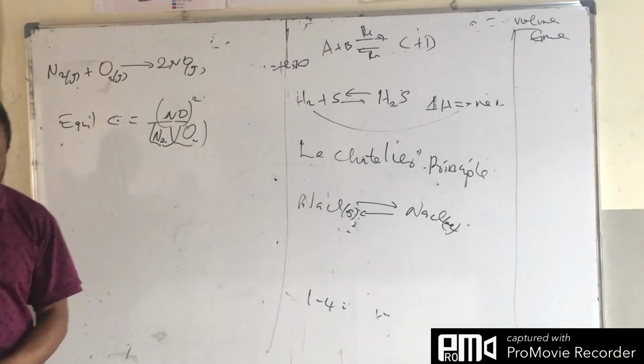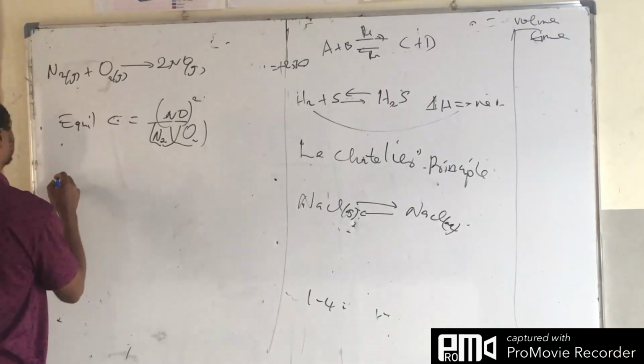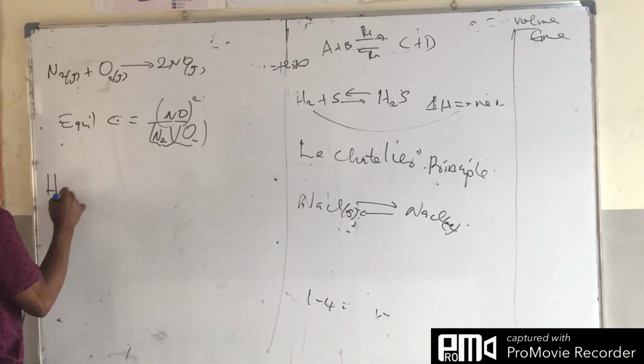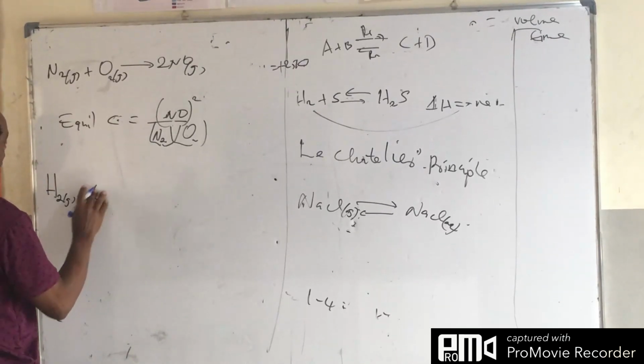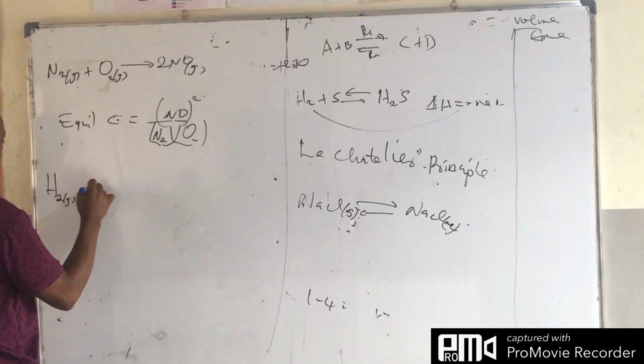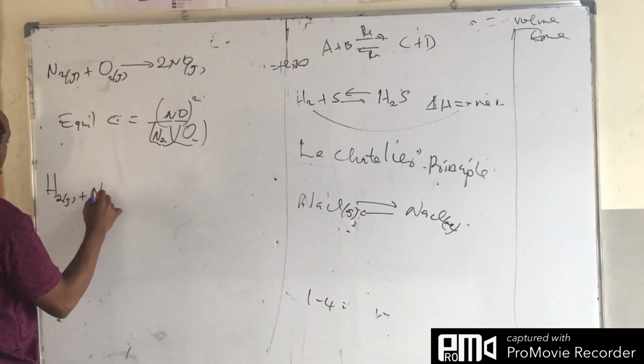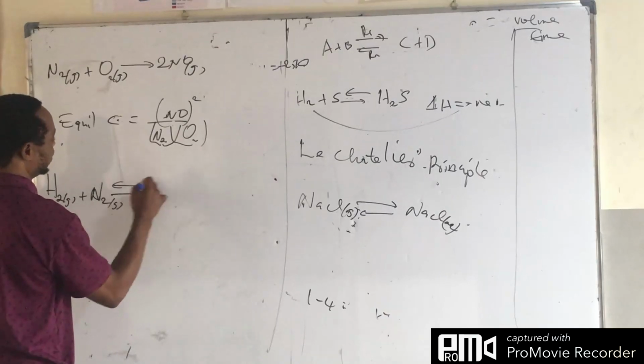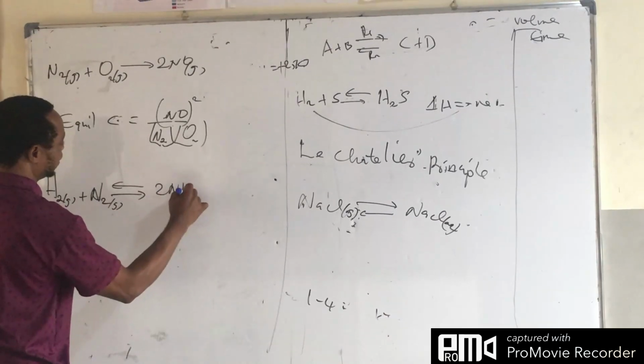Now, let me give you an example. You have this now again. Gaseous gives me 2NH3.